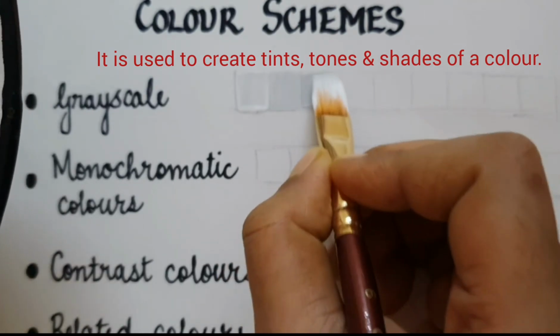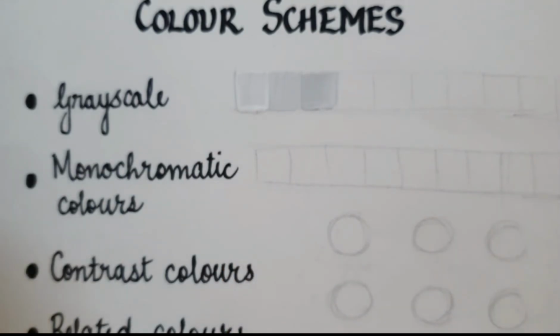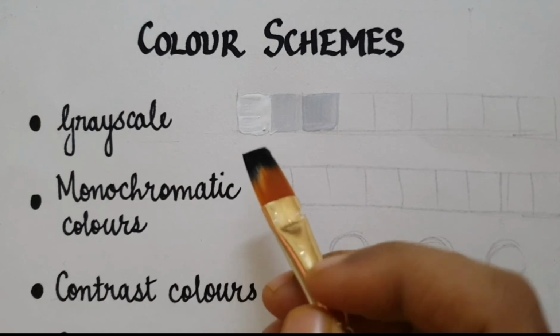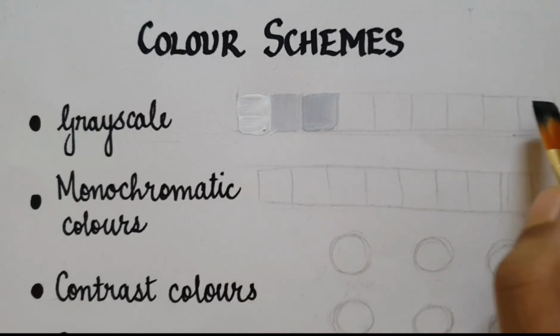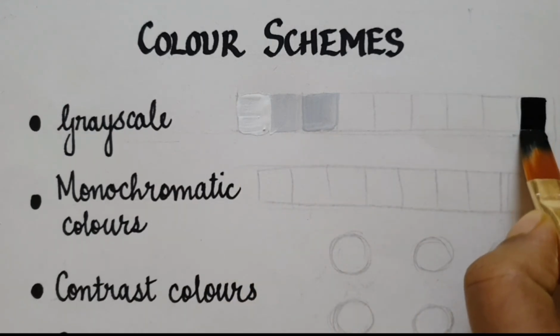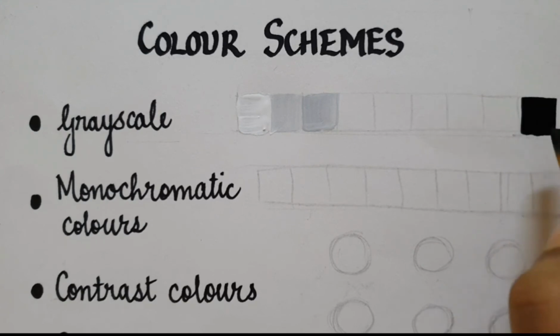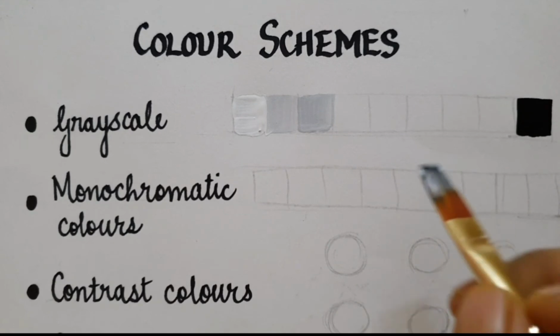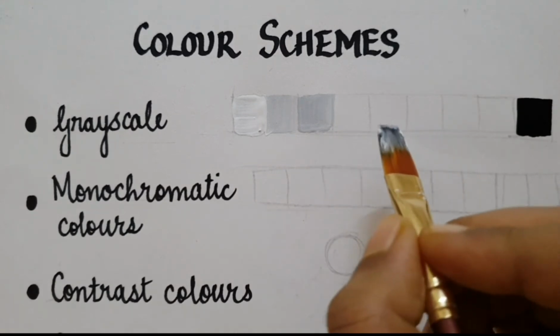As we go ahead, we'll keep on making it darker and darker. The extreme end of this side is completely white, pure white, and this side is completely black, dark pitch black. The in-between shades are going to be a mixture of black and white.